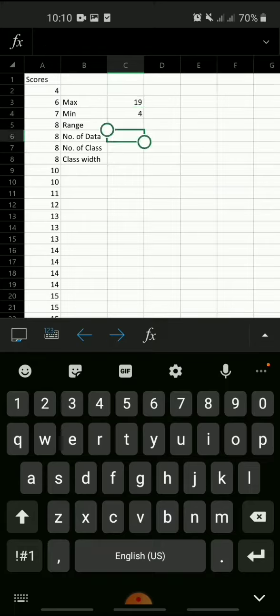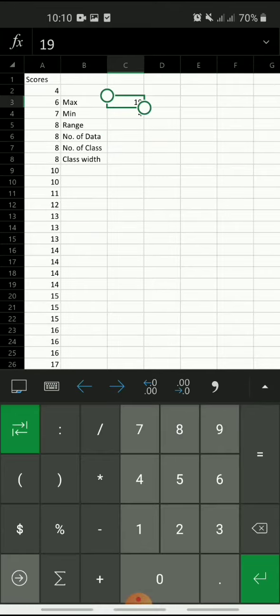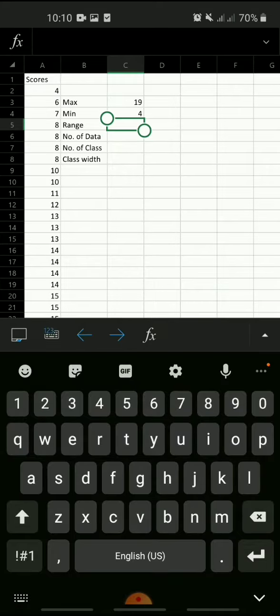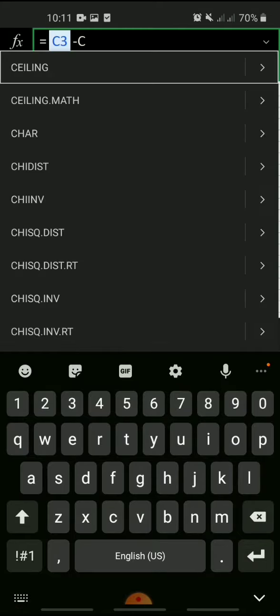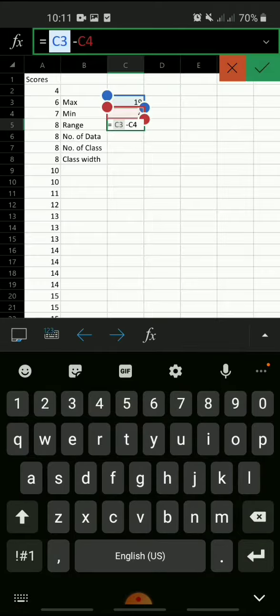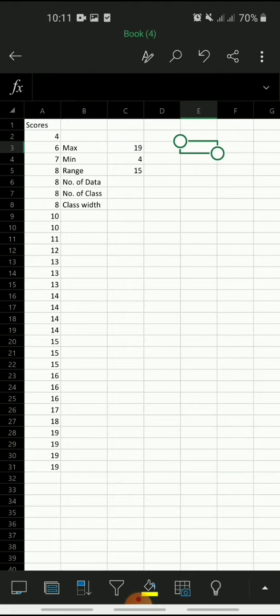To find the range, we simply subtract the minimum value of data from the maximum value of data. So here it goes, C3 minus C4. So our range is 15.